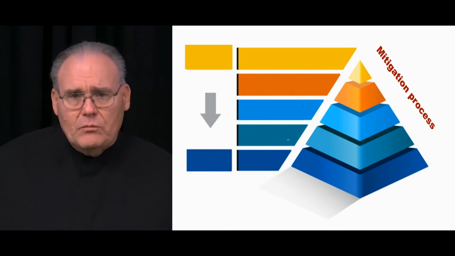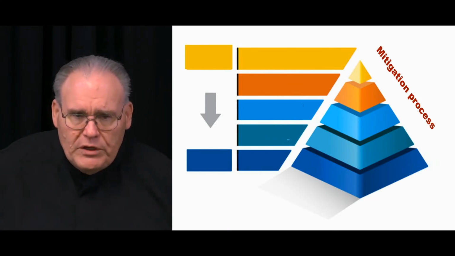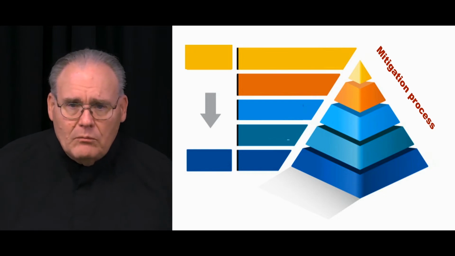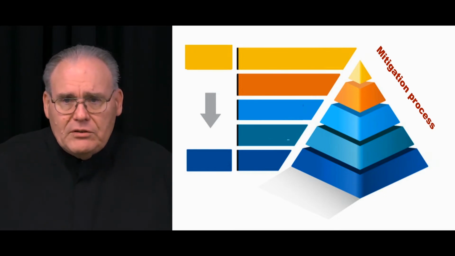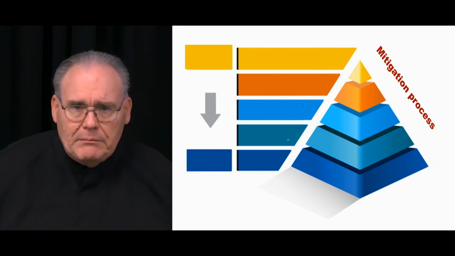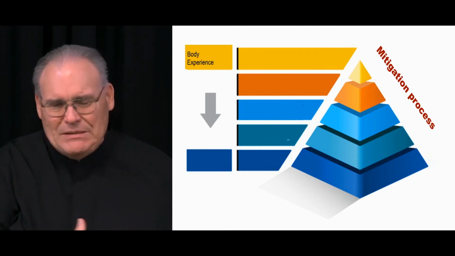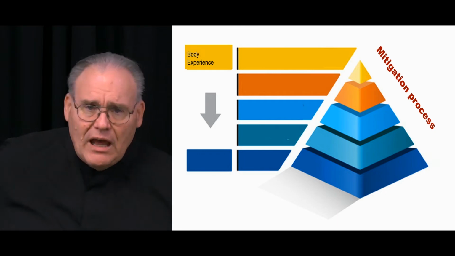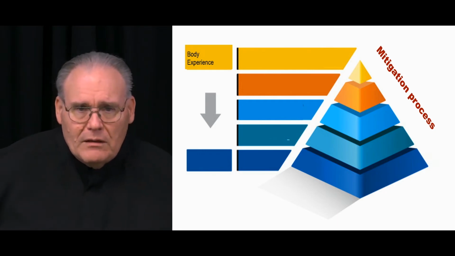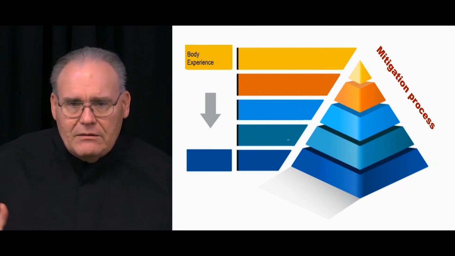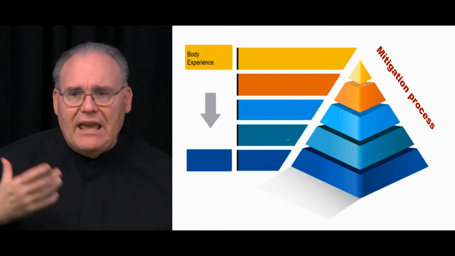The next piece, when we talk about mitigation: when you cannot immediately adapt and it's distressing, you have to do something. And the way our body manages that is it creates a space. Our body's having this experience. It finds it unpleasant. And so how does it deal with it? It can't fix it right now. It can't withdraw right now.